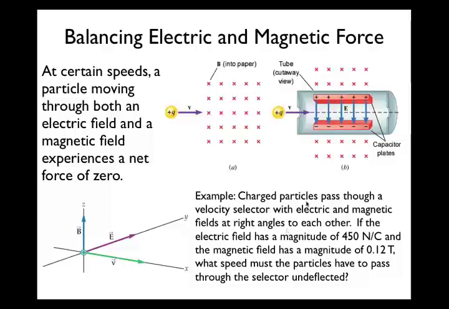In this particular situation, the electric and magnetic fields are at right angles to each other. If the electric field has a magnitude of 450 newtons per coulomb, and the magnetic field has a magnitude of 12/100ths of a Tesla, how fast do the particles have to pass through this selector to not be deflected?